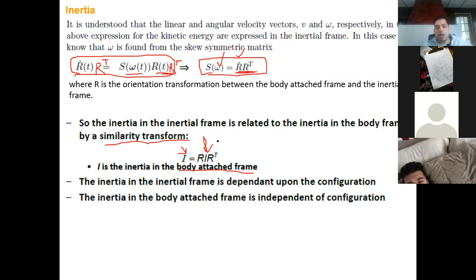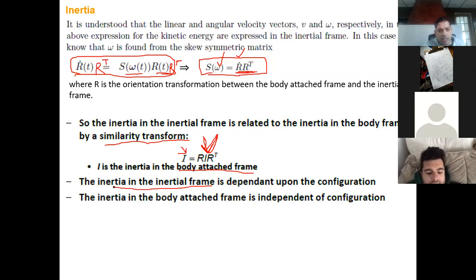Now I want to mention some property of those two I. Let's talk about this I here first. This I is the inertia with respect to base frame, and that I is dependent upon the configuration.